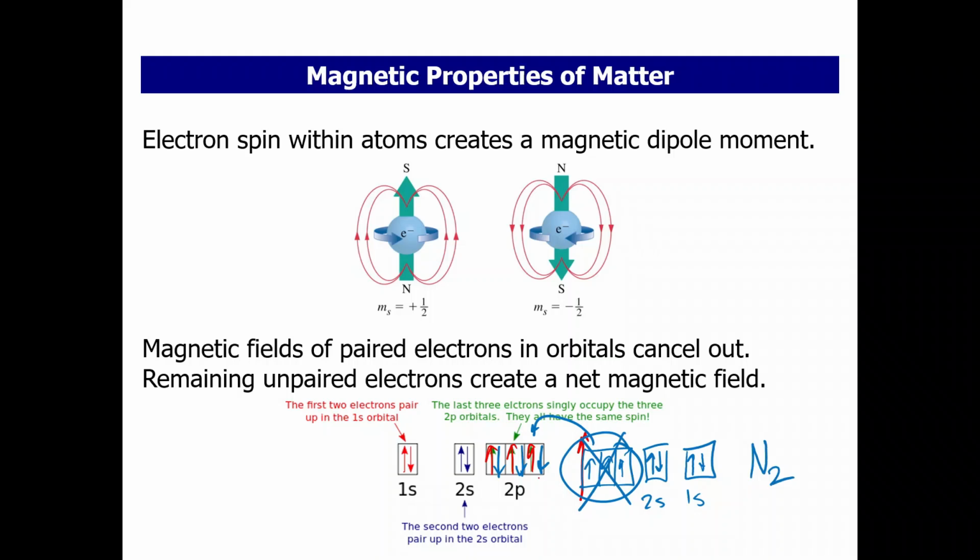So our traditionally magnetic materials are going to be those that have quite a few unpaired electrons in their electron configuration. So for example, iron. Iron usually has an unpaired electron.